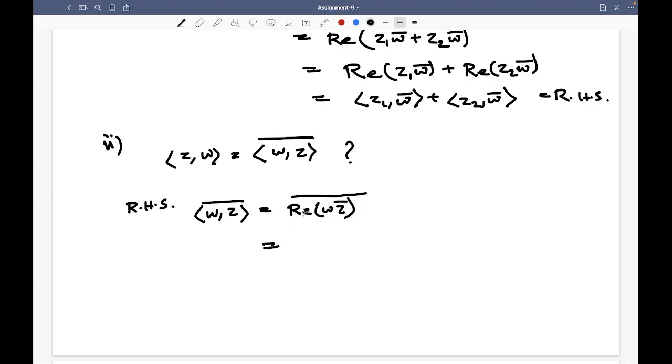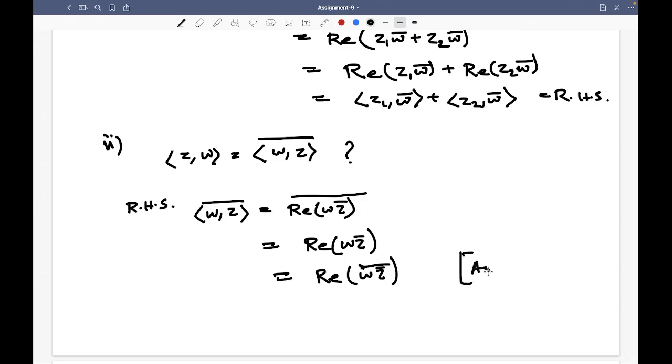And now this is real, so taking the bar, it will be the same. For the real part, Z and Z bar are the same for a real number. So this is the same as the real part of W Z bar whole bar.